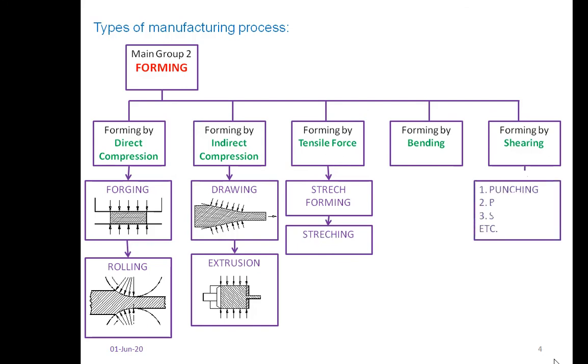The bending force it is applied to deform the material. And there is forming by shearing. So there are different sheet metal working operations: punching, blanking, shaving, trimming, perforating. These are the different press working operations, and the operations are shearing operations.